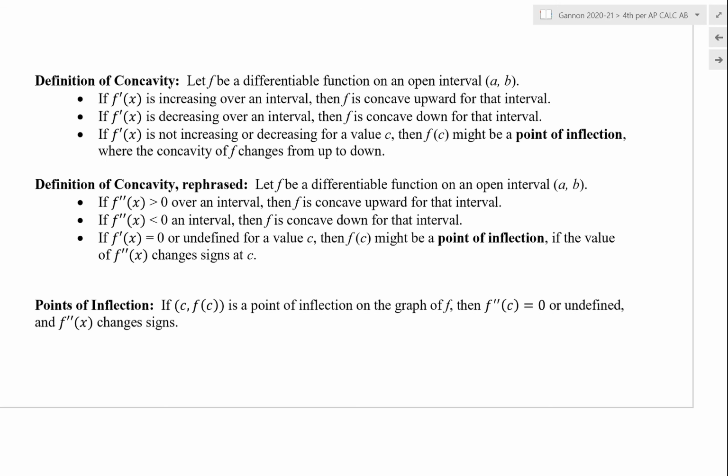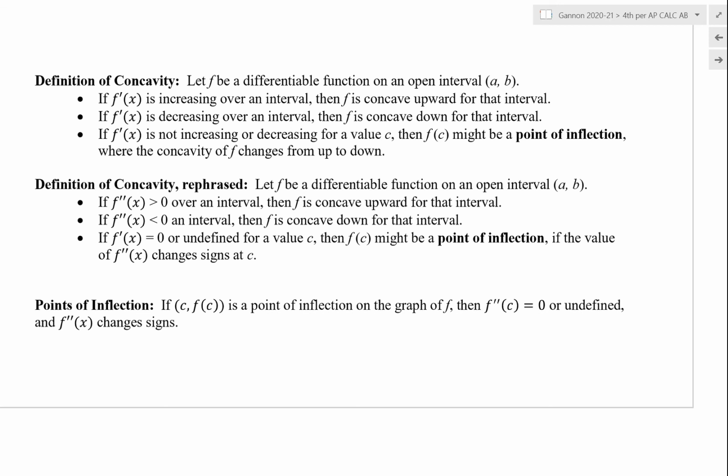So if the derivative is increasing, the function is concave up. If the derivative f prime of x is decreasing over an interval, then f is concave down. So if the first derivative is decreasing, the function's concave down.